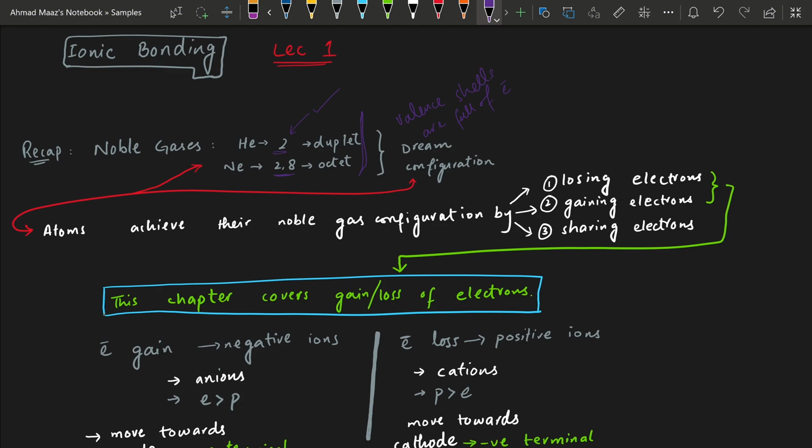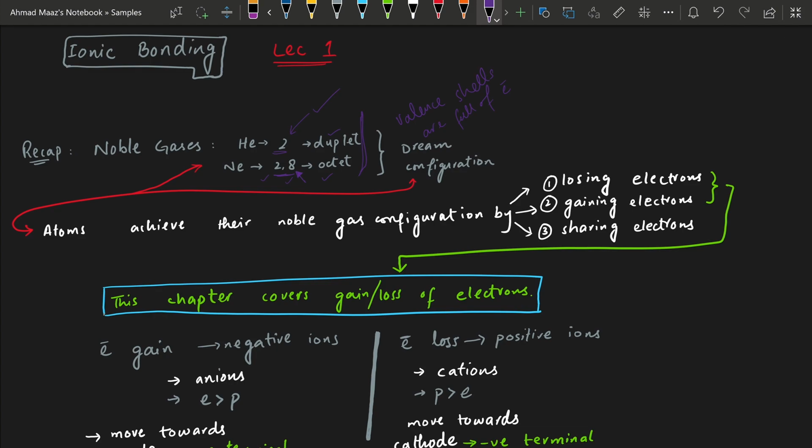Similarly, neon has an electronic configuration of 2, 8. It has two electronic shells, and the second shell has a maximum capacity of 8 electrons, and neon has 8 electrons in its valence shell, which means that its octet is complete and the duplet of helium is complete.